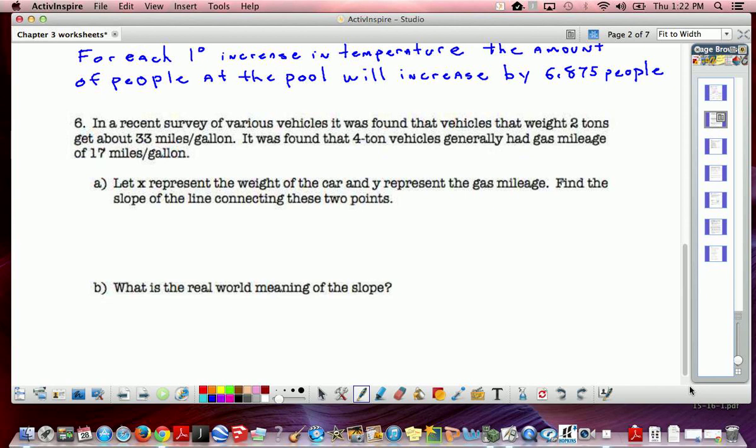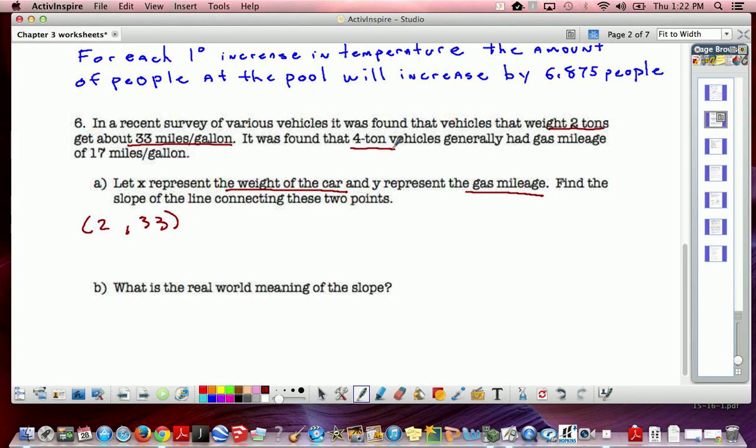Number 6. Number 6 says, in a recent survey of various vehicles, it was found that vehicles that weigh 2 tons get about 33 miles per gallon. It was found that 4-ton vehicles generally had gas mileage of 17 miles per gallon. So X is going to represent the weight of the car, and Y is going to represent the gas mileage. So for my first point, I had a 2-ton car, and it got 33 miles to the gallon.